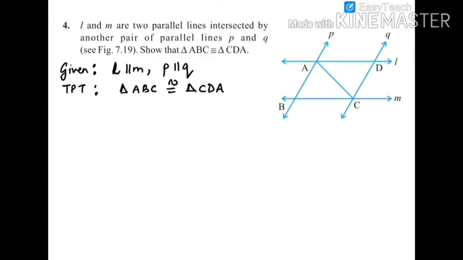To prove these triangles congruent, we will have to find the corresponding sides and angles that are equal. To do that, we will make use of the concept of parallel lines as given in the question. Taking lines L and M, which are parallel to each other, cut by transversal AC.